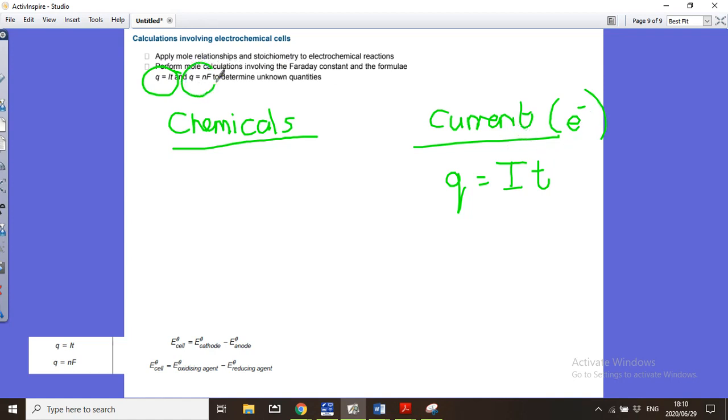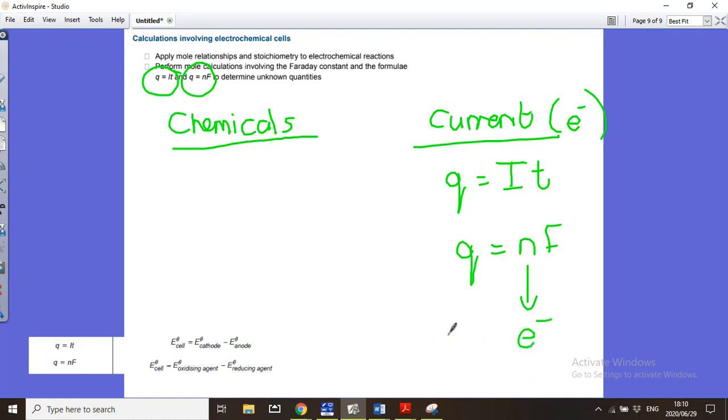And to do that, you need to use your next equation, because Faraday's constant tells us the charge on 1 mole of electrons. So then you're going to use your charge that you calculated. You're going to use Q equals NF, and this would lead you to the moles of electrons.